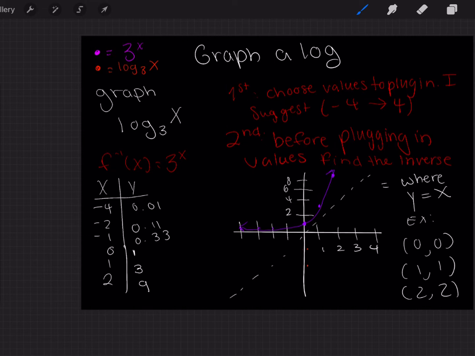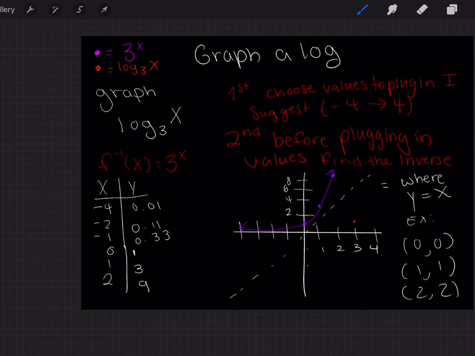So, for example, your coordinates would be 0, 0, 1, 1, 2, 2. So now you're going to take your values that you have for your 3 to the power of x, so your (0, 1), (1, 3), and you're going to reflect those points over that line.